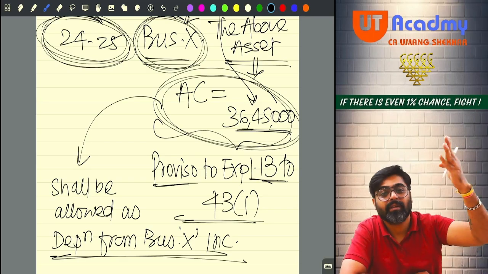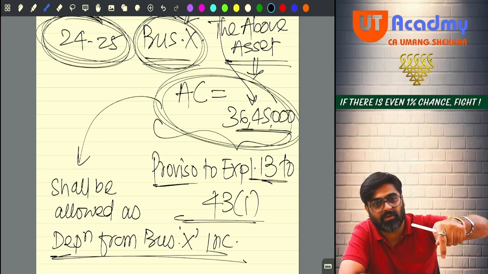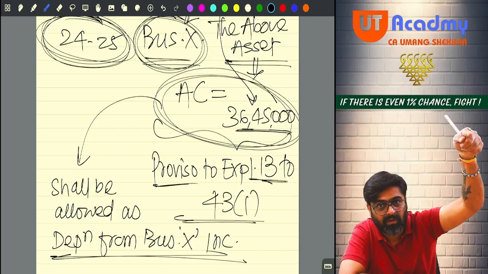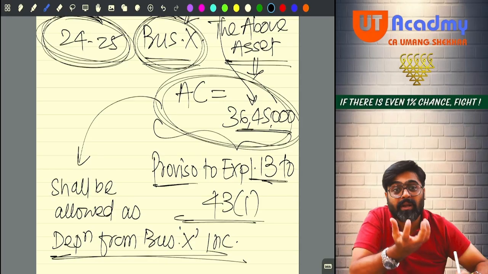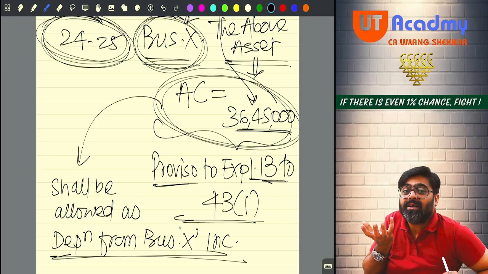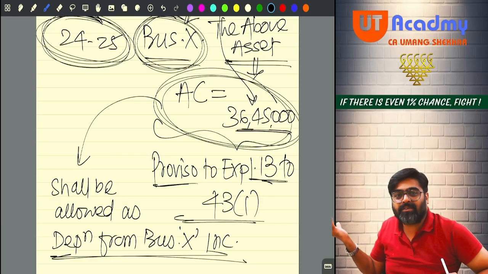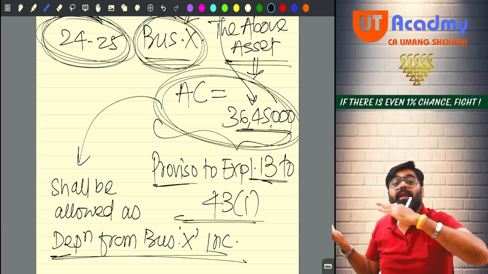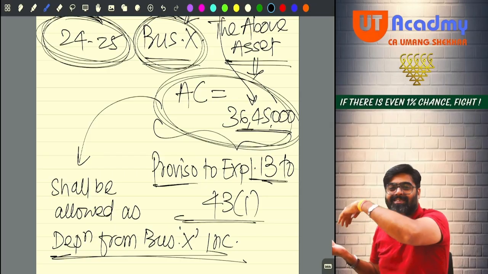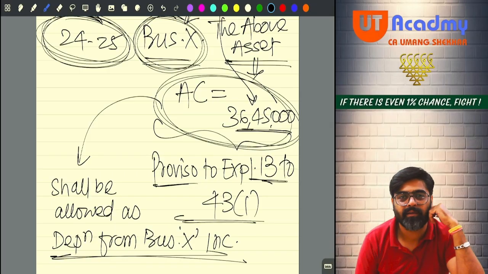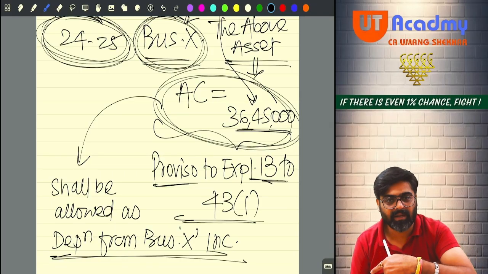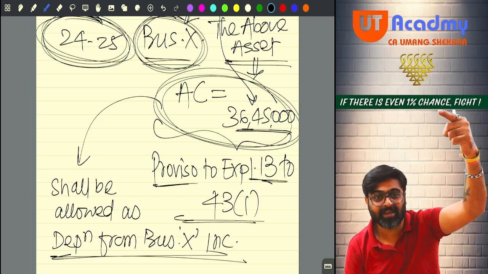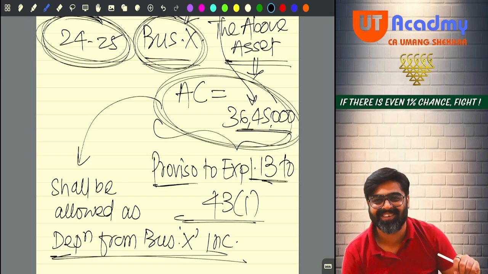First allowed, then reversed. Why are we reversing there? Because this cost will now be allowed as a deduction in the form of depreciation from the income of business X. Getting my point? But for that, it should first be made a deemed PGBP income over there.